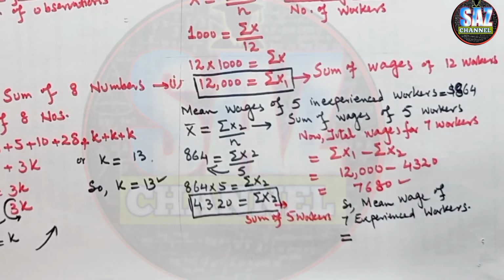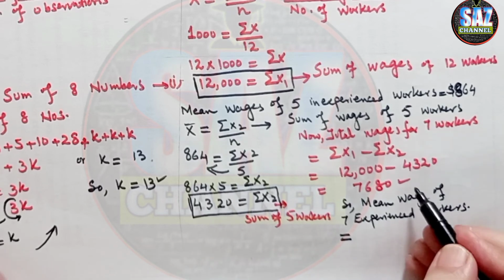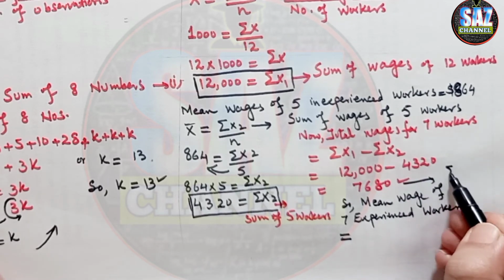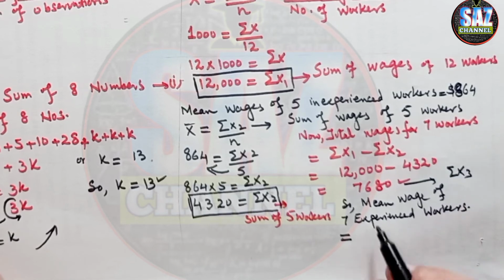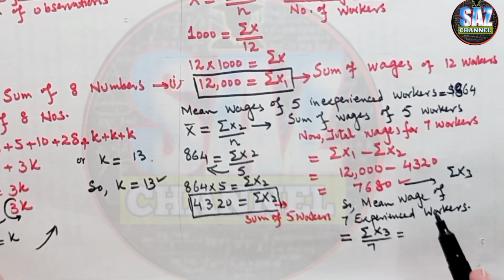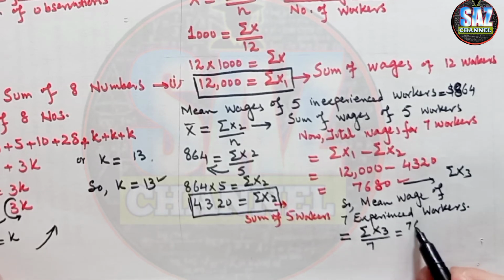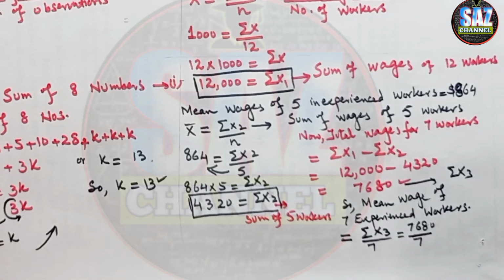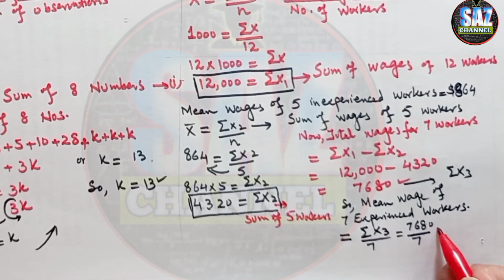We have used summation of x1 here, summation of x2, and let it be summation x3 upon number of workers, and number of workers are 7. 7680 upon 7, and this will give me, let me check, 1097.1.